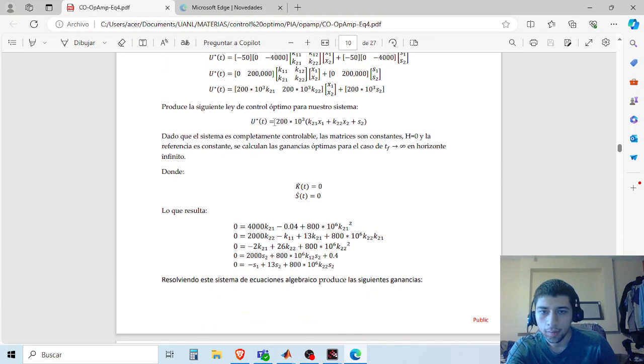That is its general form for our system, and now we should solve for the K and S values.